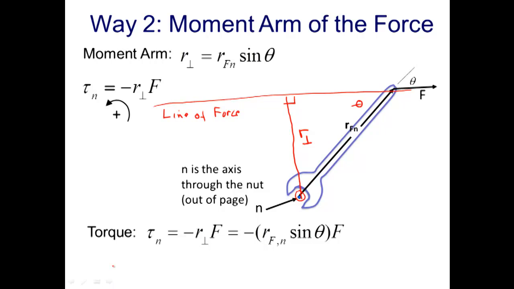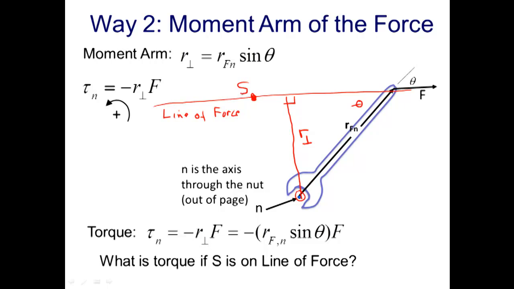Now, the moment arm gives you insight into the following question: what if you want to find the torque about some point S which is on the line of force? Let us say that the nut were up here, so we're now talking about the torque about point S. Any time that point S is on the line of force, you can see quickly from this definition that there's no torque.